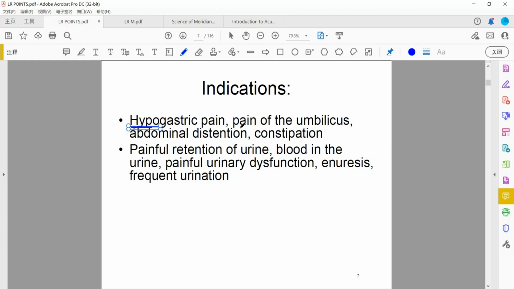Pain of the umbilicus, abdominal distension, constipation. Painful retention of urine, blood in the urine, painful urination, dysuria, frequent urination. So it's good for the lower jiao, good for urination, and good for bowel movement.